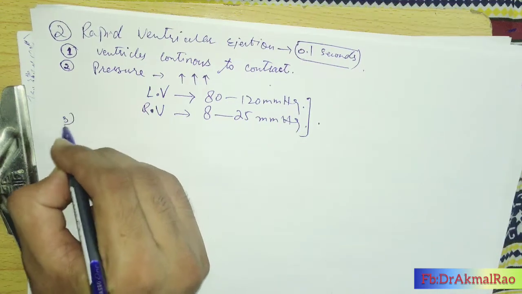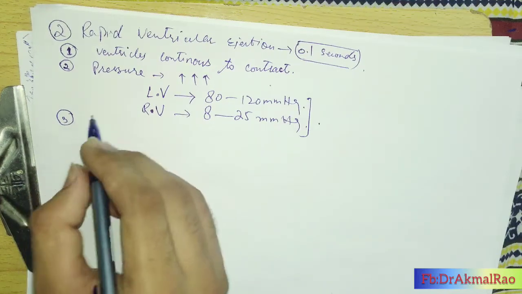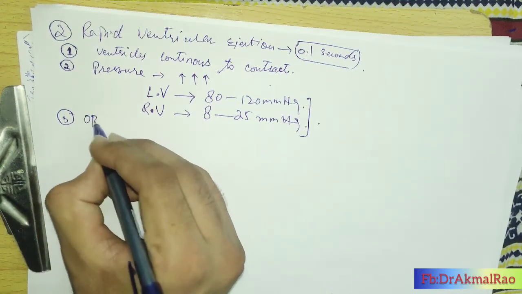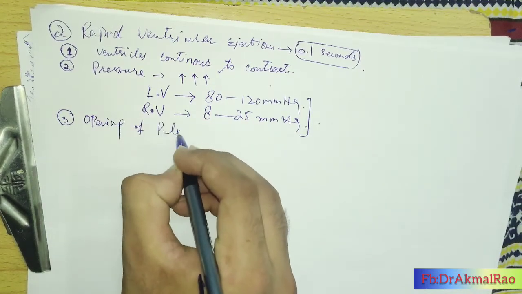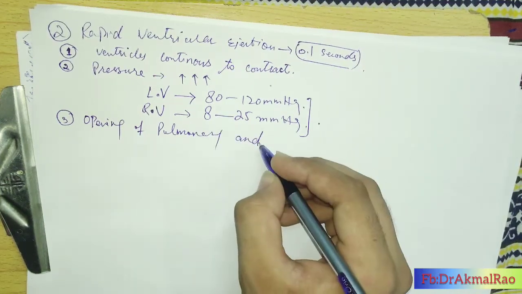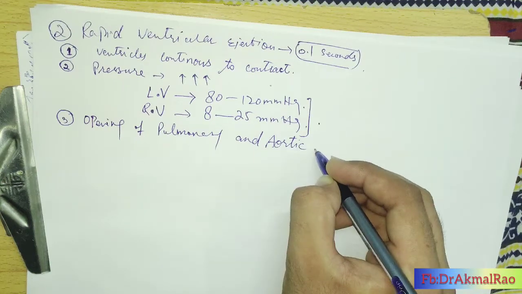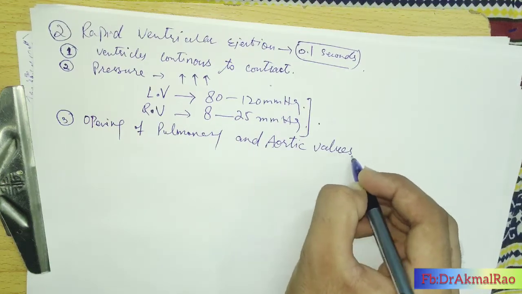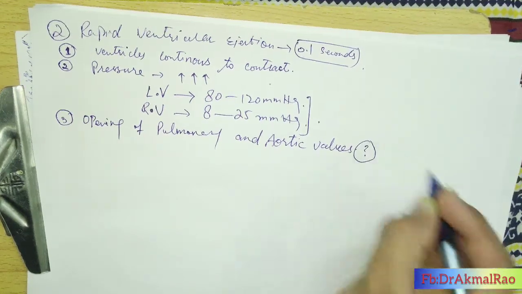The third thing that happens in this subphase is opening of the pulmonary and aortic valves. Now the question is, why do these valves open?